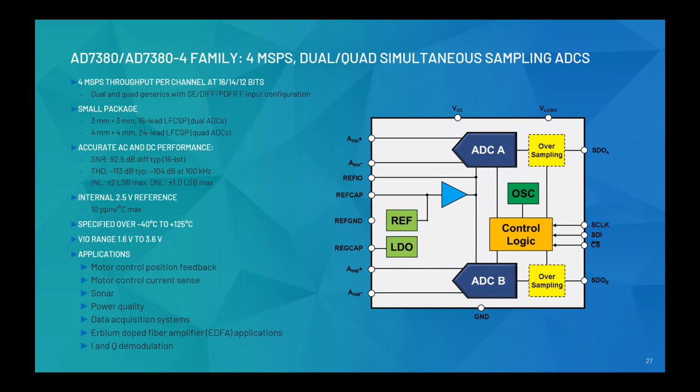The main specifications are the SNR, the INL, DNL, and the total harmonic distortion. It finds a lot of application in motor control, sonar, power quality, and data acquisition systems. It has a nice supply range of about 1.6 to 3.6 volts to make sure a lot of battery operated applications are also taken care of with this particular family.